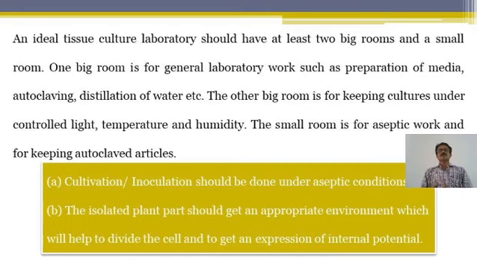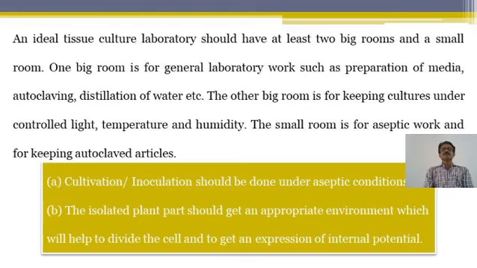Another big room is for culture maintenance, and the smaller room is required for aseptic work, for keeping the autoclave, transferring the media, inoculating your explant into the culture media and subculturing. So you require a specific room, and that is a smaller one.